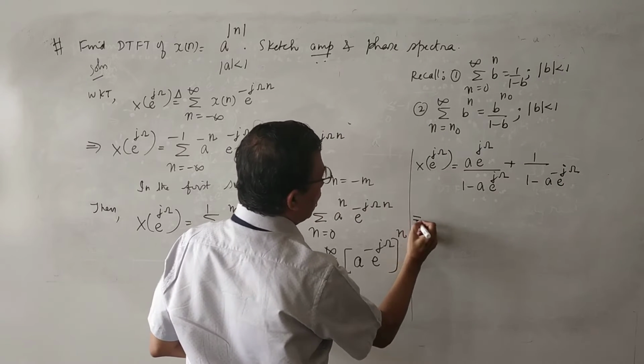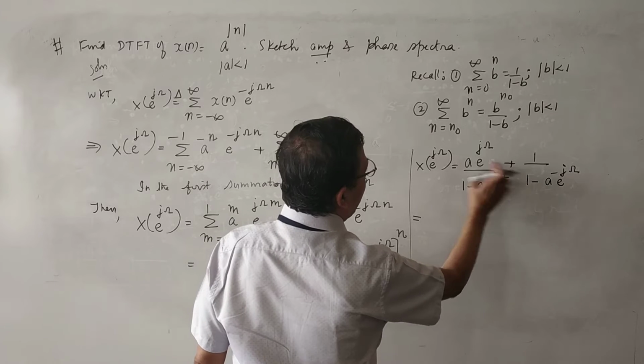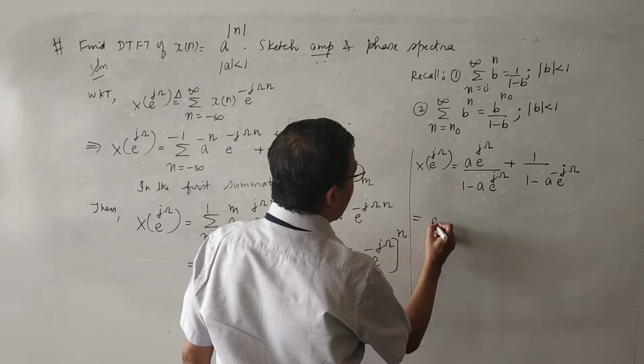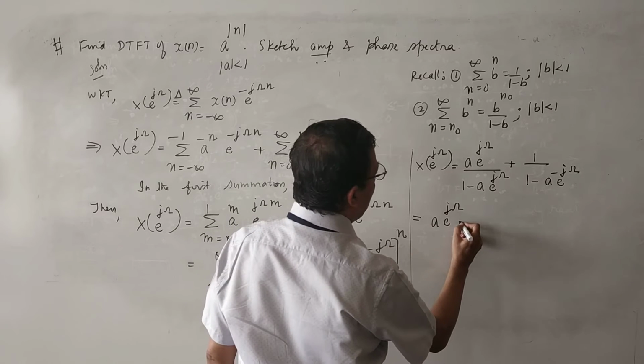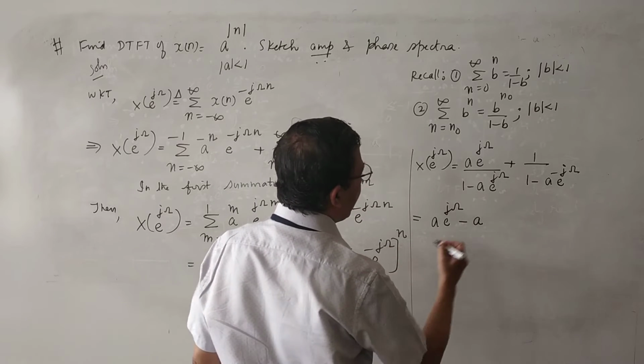Take LCM. If you take LCM, multiply this with this. So what you get? A into e to the power j omega minus a square.